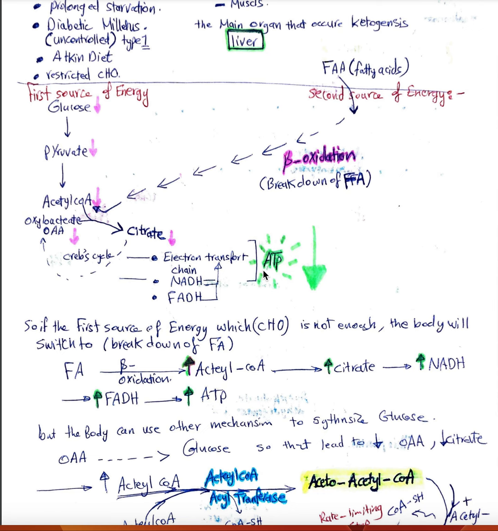But when there is a reduced amount of glucose, that leads to a reduced amount of pyruvate, then a reduced amount of acetyl coenzyme A, and the citrate is also reduced, and that leads to reduced ATP. This continues until our body turns to another source of energy, which is free fatty acid.